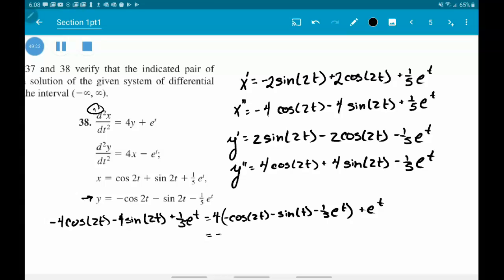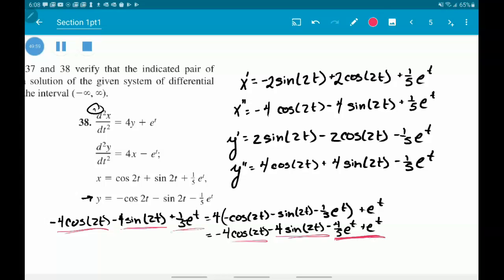So if I distribute, that's supposed to be a 2t there. Typo. And that's going to be a minus 4 over 5 e to the t, and then plus e to the t. So we're asking, do we have an identity? We have the negative 4 cosine of 2t on both sides, the negative 4 sine of 2t on both sides, and if we combine like terms on the right, we will end up with the 1/5 e to the t. So we have verified the first one.